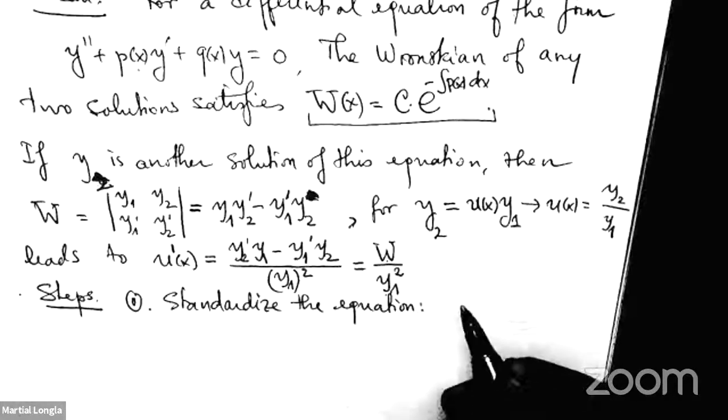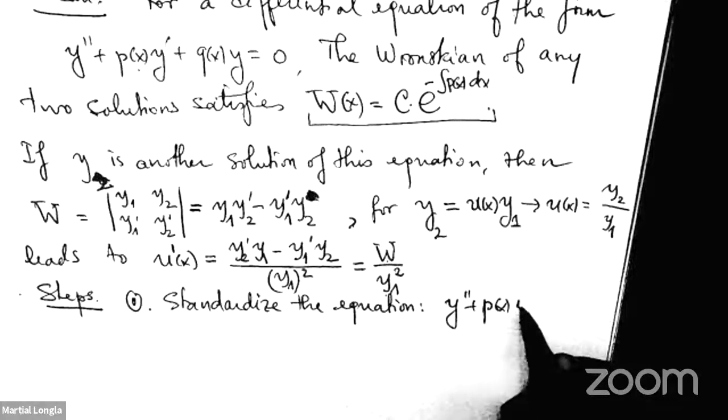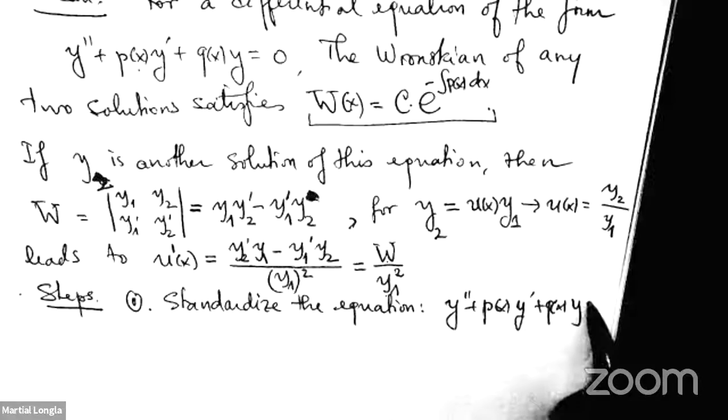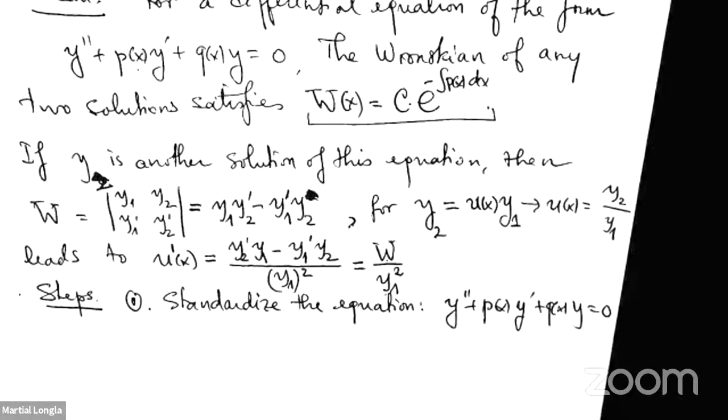Which means bring it to the form y double prime plus p of x y prime plus q of x y equals 0 by dividing the equation by the coefficient of the second derivative. You get that. First step.